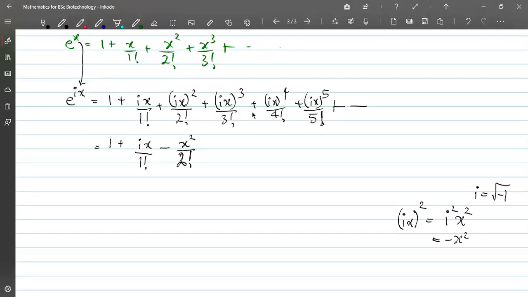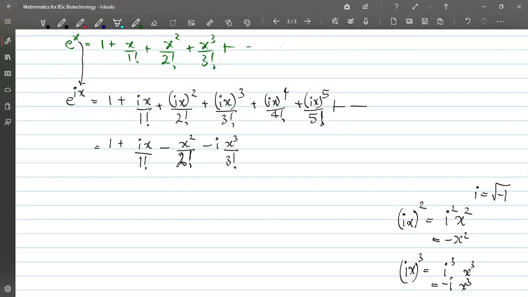Over here, what happens? ix cube is i cube x cube. What is i cube? i square itself is minus 1. So i cube is further multiplication of that by i, which is minus i. So here you will have minus i x cube upon 3 factorial.